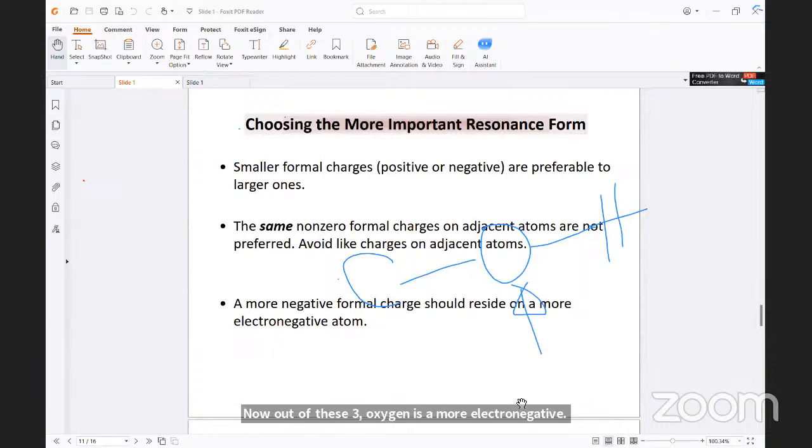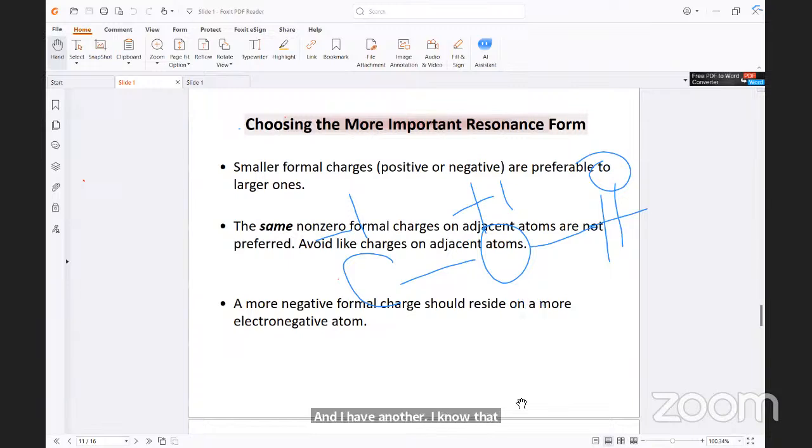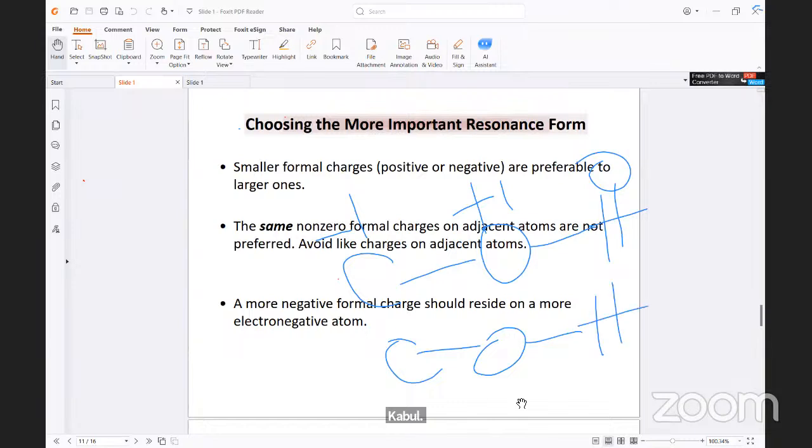So, if I have -1, +1, 0, and I have another structure of the same carbon, oxygen, hydrogen, but this one, I now have +1, -1, 0. Now, out of these two, this is preferable and this is not preferable.